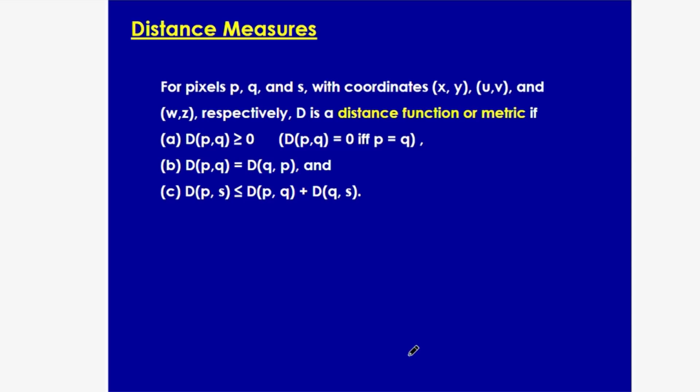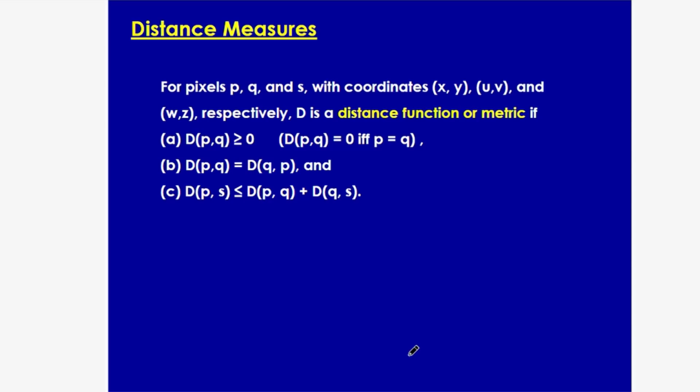The distance is always represented with d, and d of p, q, the distance between p and q, is always greater than or equal to 0, never less than 0. And d of p, q is equal to 0 when p is equal to q, otherwise it is greater than 0. Then the distance between p and q is equal to the distance between q and p.